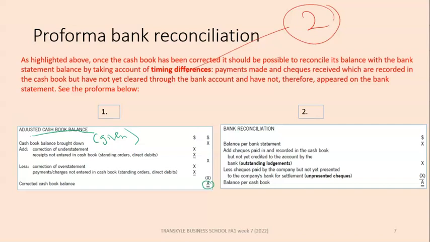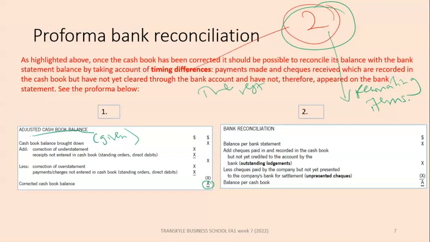But like I said, in the exam, just consider only two timing differences, which are going to be reconciling items. The rest are going to affect the cash book, or nothing else.